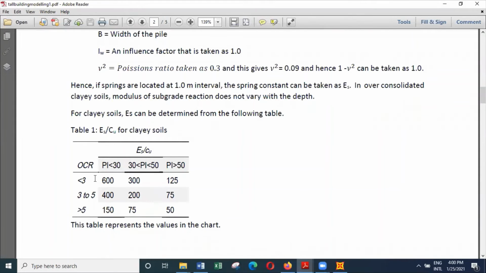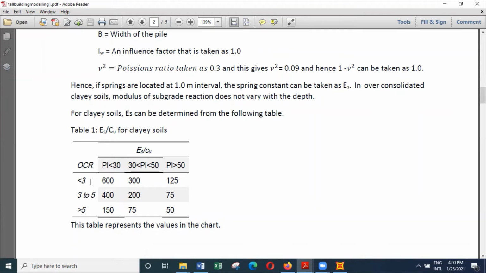Let's say you have a soil with a recent fill of 1 or 2 meters, which means the soil underneath that fill wouldn't have been subjected to much consolidation.